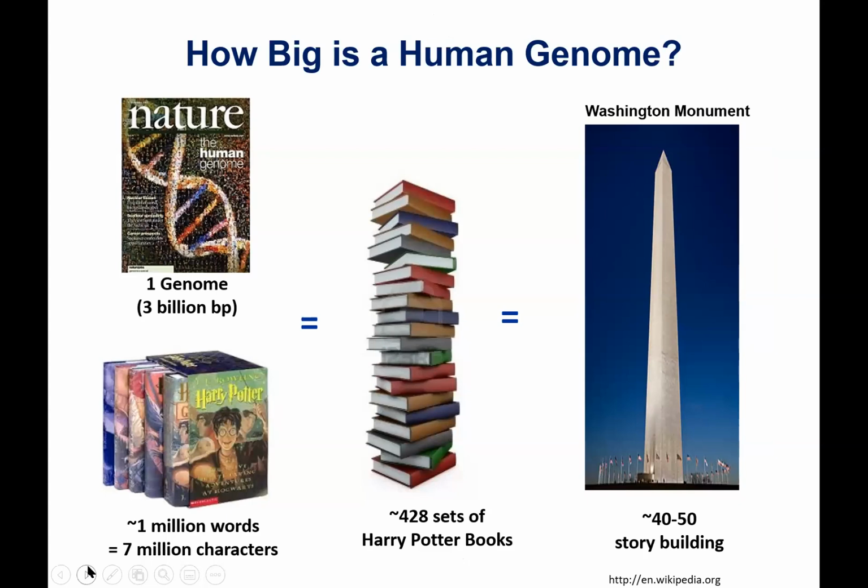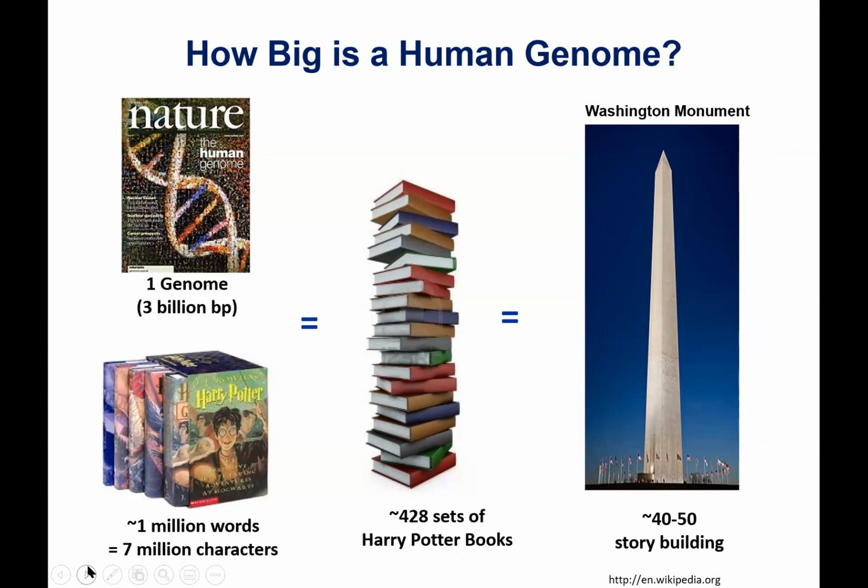Our human genome includes a lot of information. One human genome has 3 billion base pairs of nucleic acid. I think everyone has read the Harry Potter books. A set of Harry Potter books includes a total of 1 million words. If one word has an average of 7 characters, that is about 7 million characters.